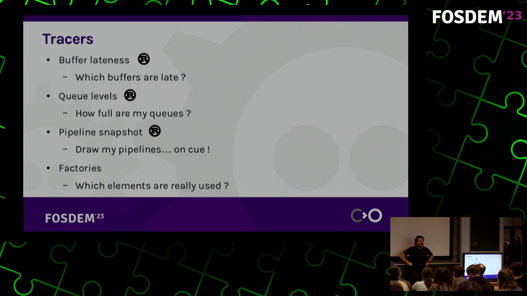So it's nice to say, oh, I'm going to build a GStreamer built specifically for my application with only the elements I use. But if you use Playbin, there's a lot of automated things, and you might not know exactly which plugins you've been using. So with this tracer, we can actually trace all the plugins that get loaded, all the elements that are used, and print, when you exit your application, the list of what was actually used.